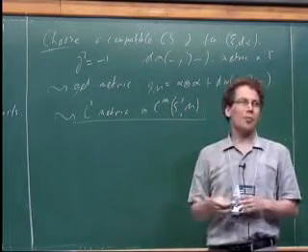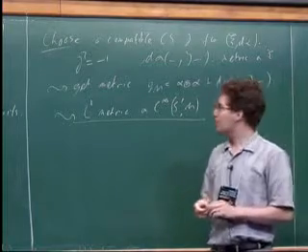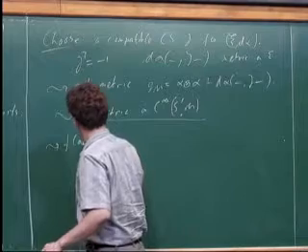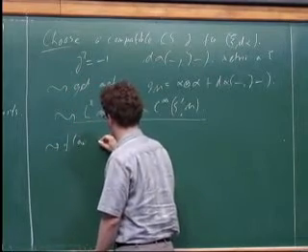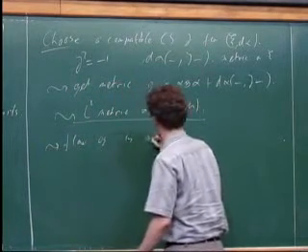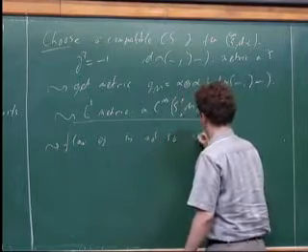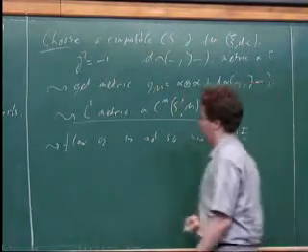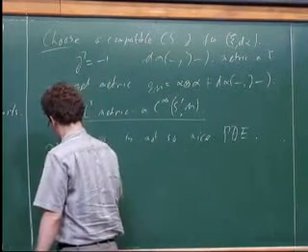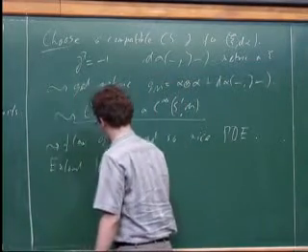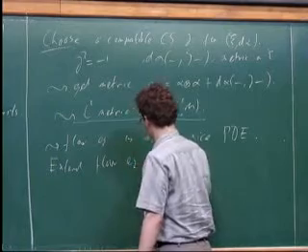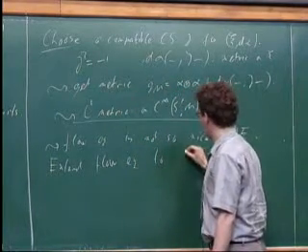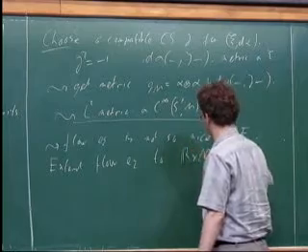But if you do that, it becomes rather nasty, so the flow equation is not so nice a PDE. And what you do instead is you extend the flow equation to a PDE not on M, but rather on R times M.